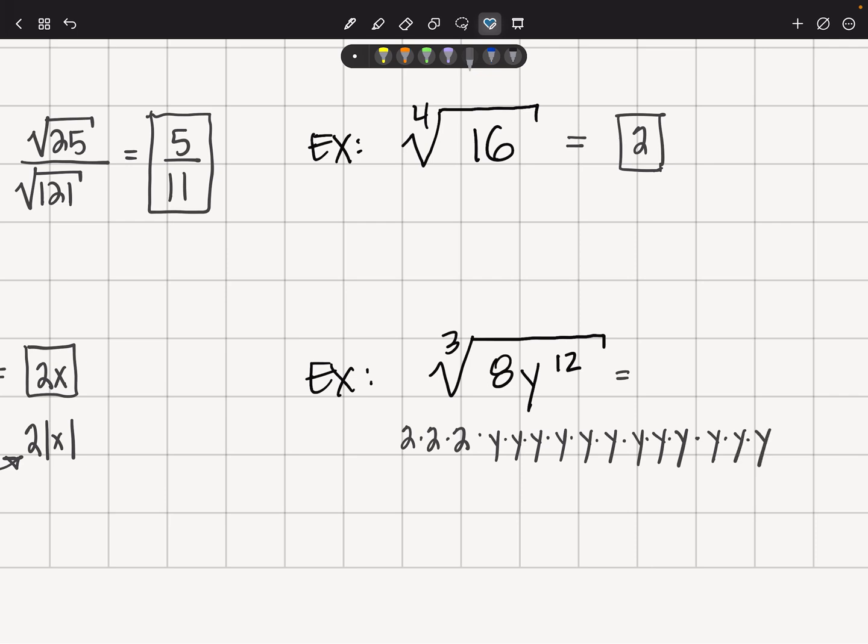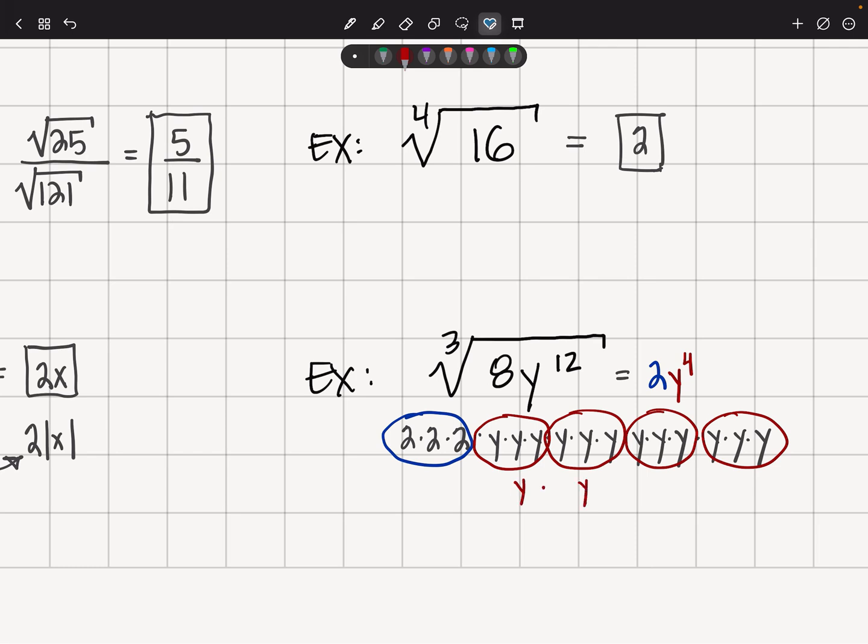So I'm looking for groups of 3. I have a group of 3 2s, which we knew the cubed root of 8 is 2. And then we've got a group of 3 y's, 3 y's, 3 y's, 3 y's. So I've got 4 groups of 3 y's. So that would be y to the 4th power. That would be y times y times y times y, which is y to the 4th. So our answer is 2y to the 4th.